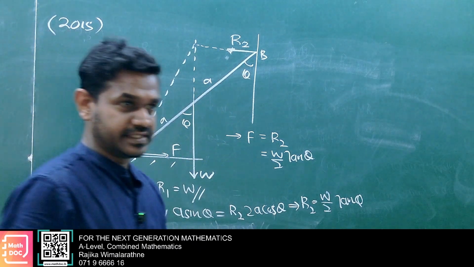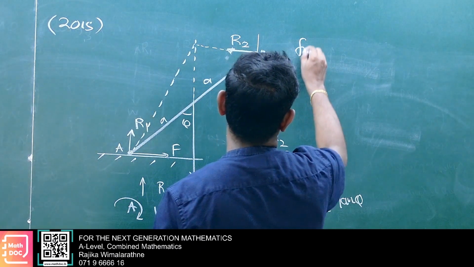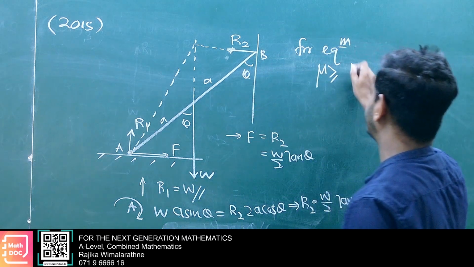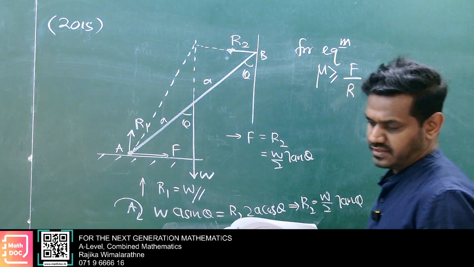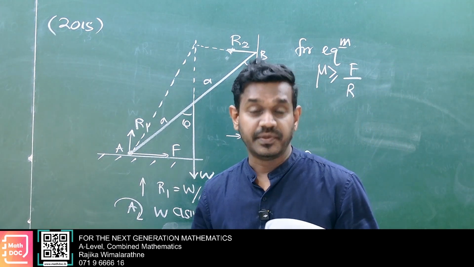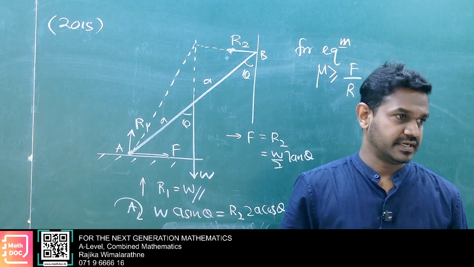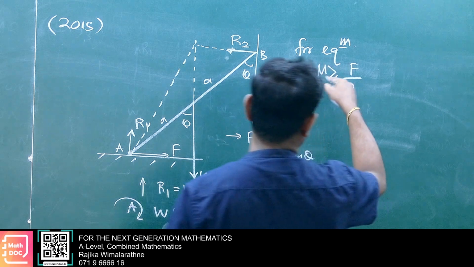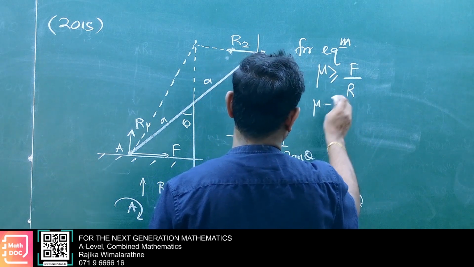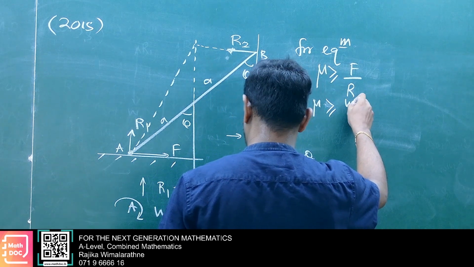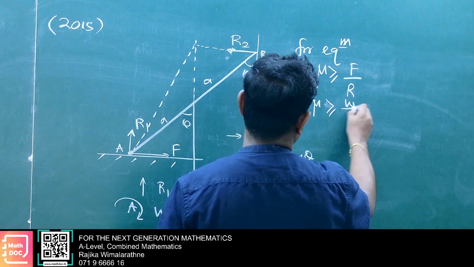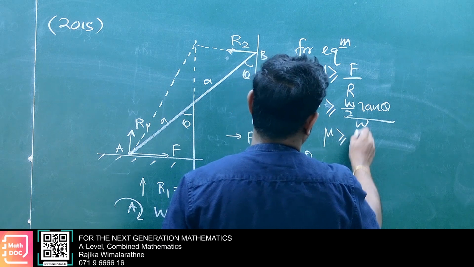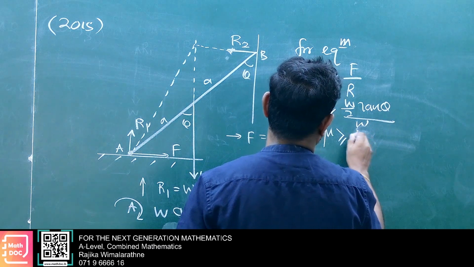Then if the system is in equilibrium, for equilibrium, mu greater than or equal to F divided by R. Here it does not say that it is in limiting equilibrium. It is not given, so you don't take F equals mu R. Then to be in equilibrium, this must happen: mu greater than or equal to F over R. Then F means W over 2 tan theta, R means W. Then mu greater than or equal to W over 2 tan theta over W, that is 1 over 2 tan theta.